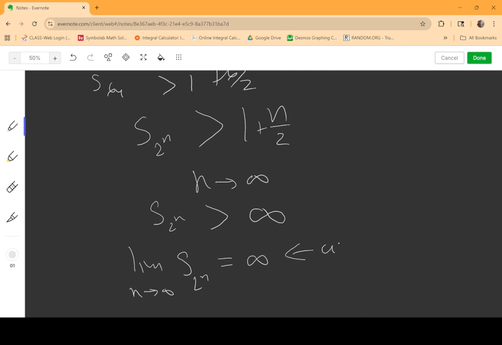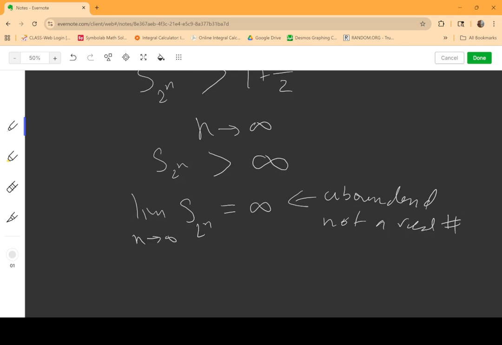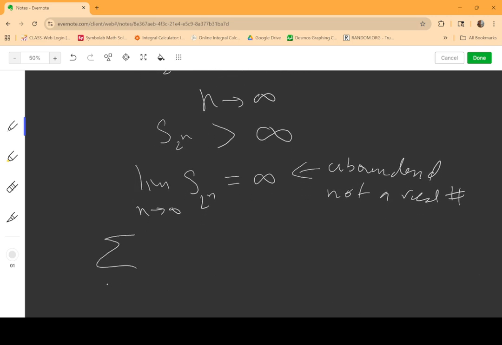In other words, it's unbounded, not a real number. So what this tells me is that the sum of 1 over n is divergent, because that sum is getting larger and larger and larger. The partial sum is not converging.